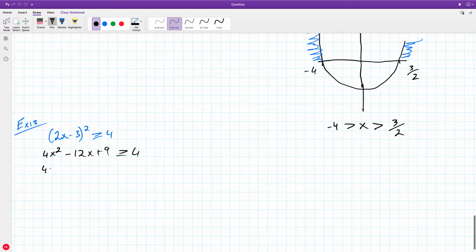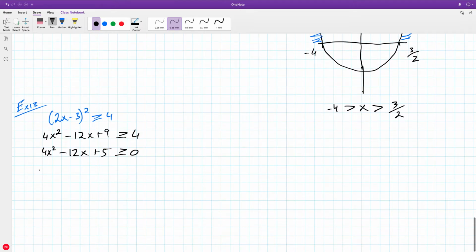That's 4x squared minus 12x, bring over your 4, becomes plus 5 greater than or equal to 0. Bracket, bracket, greater than or equal to 0. 4x and x. 5 and 1 is 20.